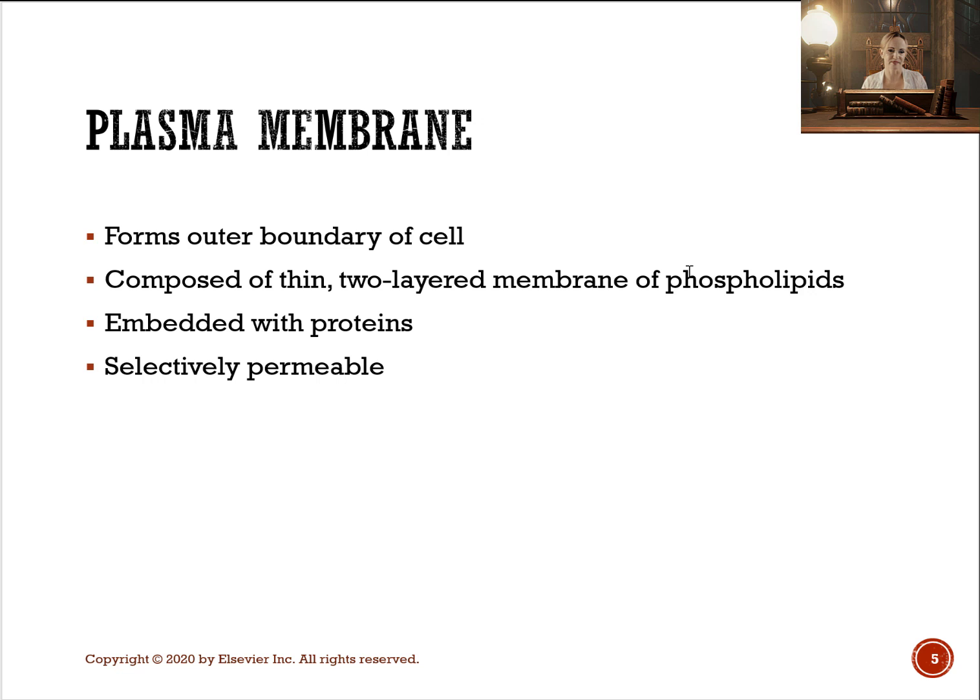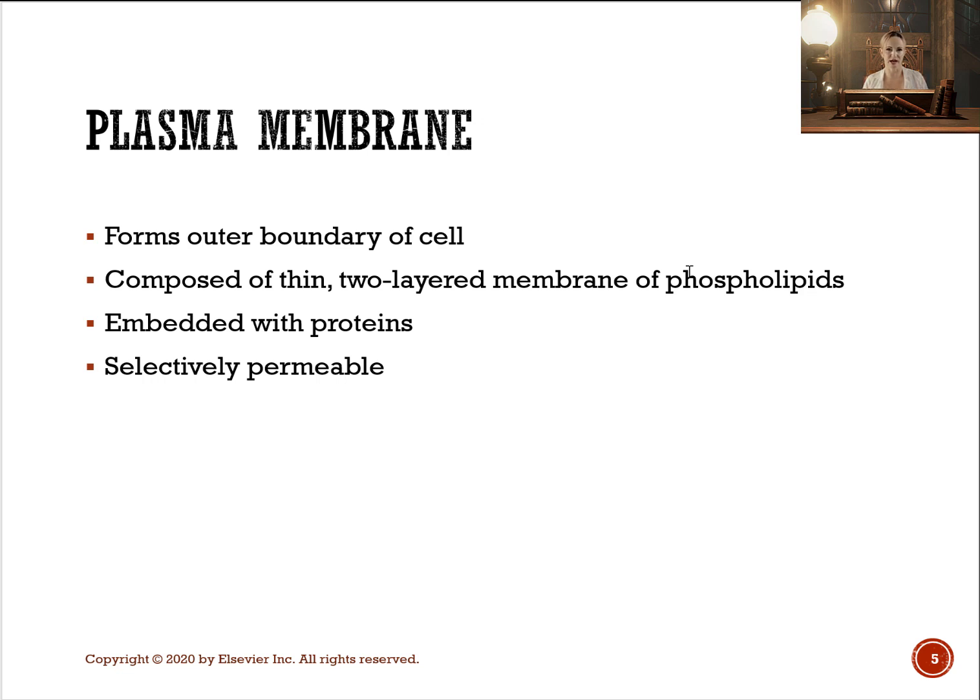So the plasma membrane. This plasma membrane forms the outer boundary of the cell. It's composed of a thin, two-layered membrane of phospholipids. Phospholipids is something that we will be discussing quite a bit in your first term of nursing school. Embedded within the plasma membrane are proteins, and it is what we call selectively permeable.